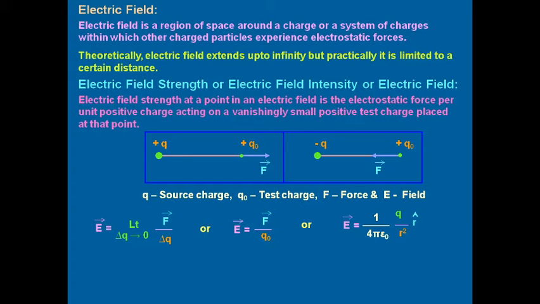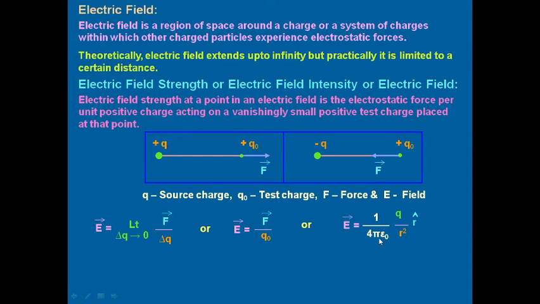Or the force experienced by the test charge due to the source charge, according to Coulomb's law, is 1 by 4 pi epsilon naught Q Q naught divided by R square, divided by Q naught. So Q naught will cancel out here.